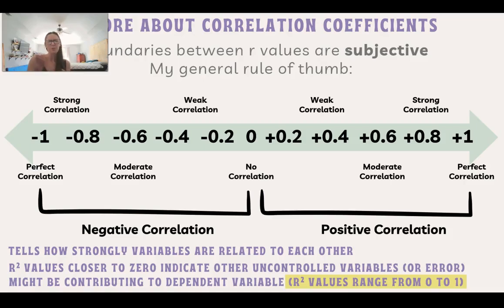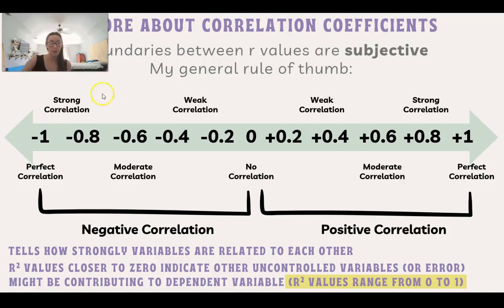Anything between 0.6 and 0.8 or between -0.6 and -0.8 is about a moderate correlation. Anything below that, up to about -0.2 or +0.2, is more weak correlation. And below 0.2, or from -0.2 to 0, that's not really a significant correlation at all. But this is subjective. It's just my general rule of thumb. You might see differences in the interpretation of R values depending on the source that you use.